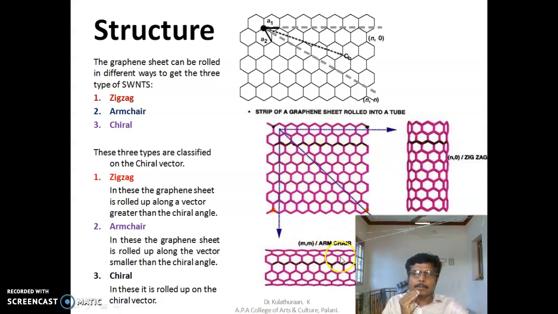Another one is armchair structures, where the graphene sheet is rolled up along another vector. Then another one is chiral structures, where it is rolled up along the chiral vectors.